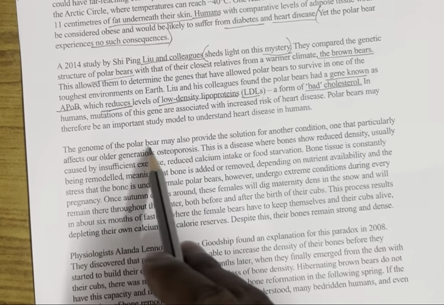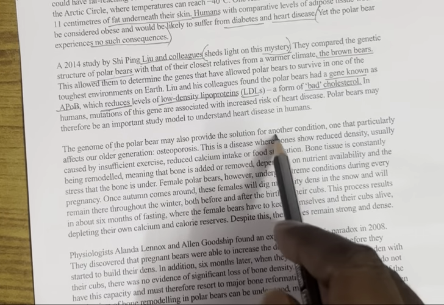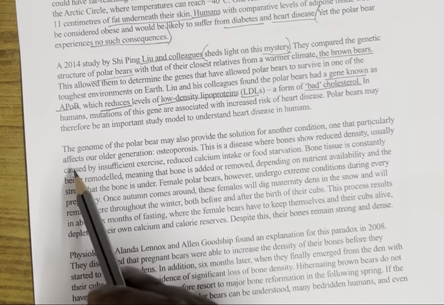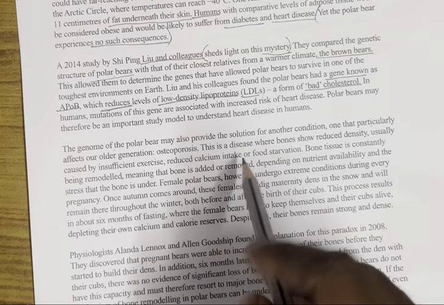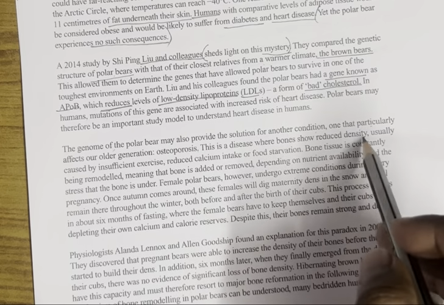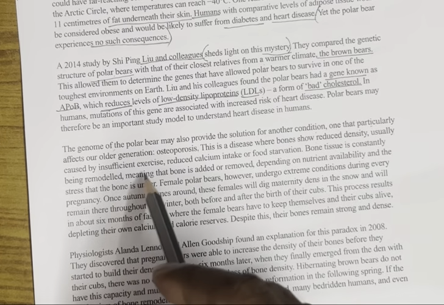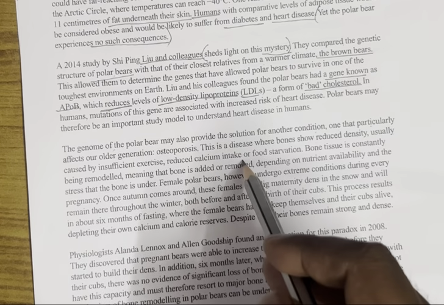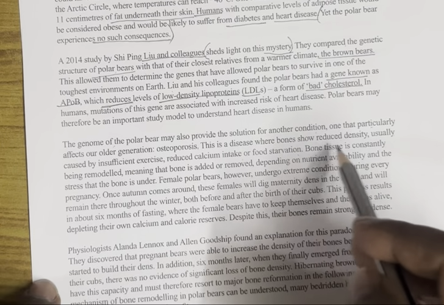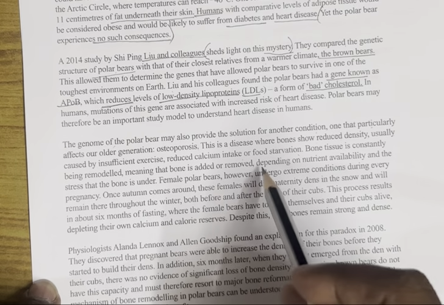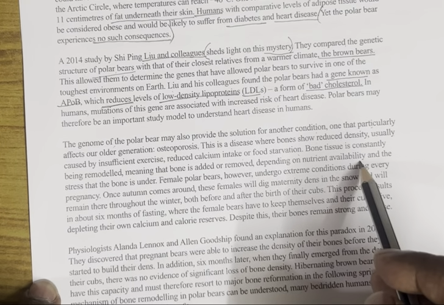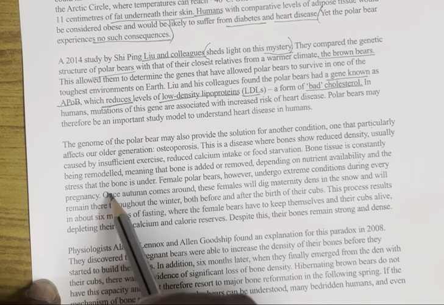The genome of the polar bear may also provide the solution for another condition, one that particularly affects our older generation, osteoporosis. This is a disease where bones show reduced density, usually caused by insufficient exercise, reduced calcium intake, or food starvation. Bone tissue is constantly being remodeled, meaning that bone is added or removed depending on nutrient availability and the stress that the bone is under.